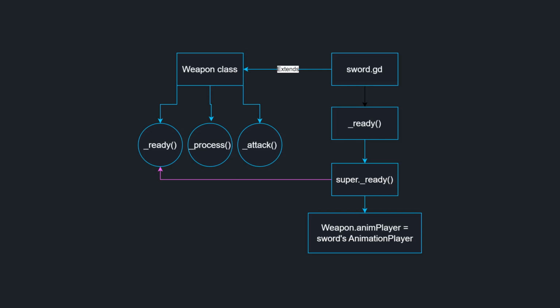Since our weapon class has a variable called anim player, we tell it that anim player is our sword animation player, and our weapon cooldown is 1 second, and that's it.